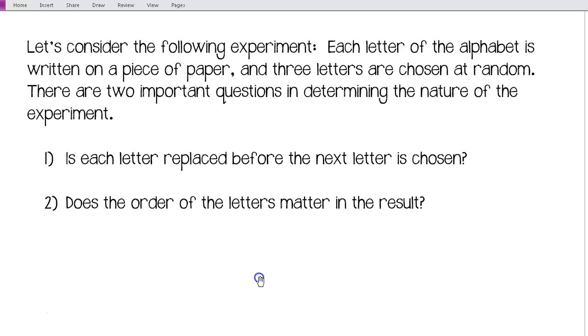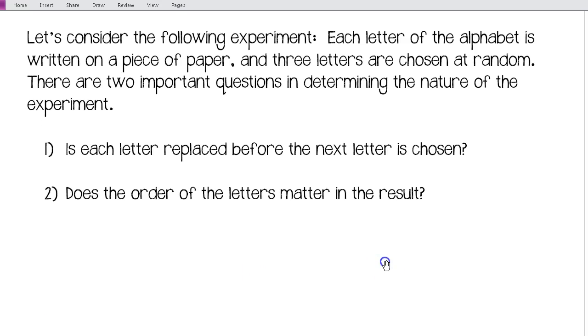So let's consider the following experiment. Each letter of the alphabet is written on a piece of paper, and 3 letters are chosen at random. So we're going to take the pieces of paper, throw them in a bag, and pick out 3 letters chosen at random. There are 2 important questions in determining the nature of the experiment. Number 1, is each letter replaced before the next letter is chosen?